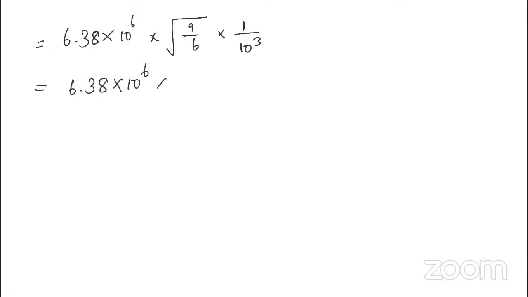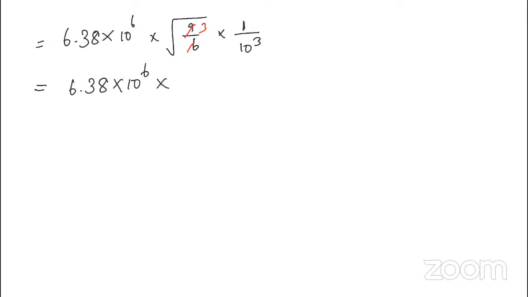Next step, 6.38 into 10 power of 6, into the square root of 9.8. We can write it as a whole number, taking it as 9. There is no problem. Approximately 6.6, we choose as 6. Then here 1 by 10 power 3, no? And the 1 by 3 we take above. So 6.38 into 10 power of 6 into 9 and 6, we cancel it.